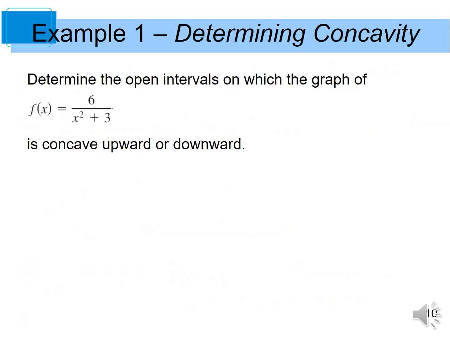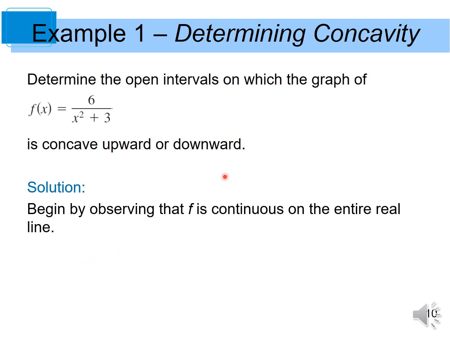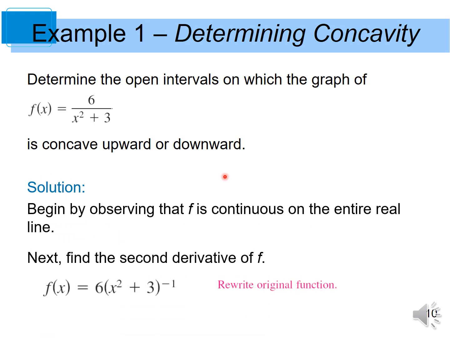Look at this example. Determine the open intervals on which the graph of f(x), this is a rational function, is concave outward or downward. Find the second derivative of f. Now, we will write the original function into power rule form.